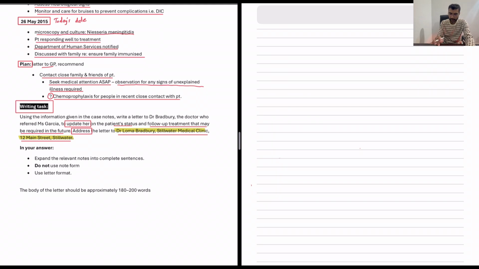So first thing is the address. Keep in mind, when we are writing the address, we should omit all the commas. The commas which are given here should be omitted, and each part after a comma should be on the next line, as we discussed earlier.